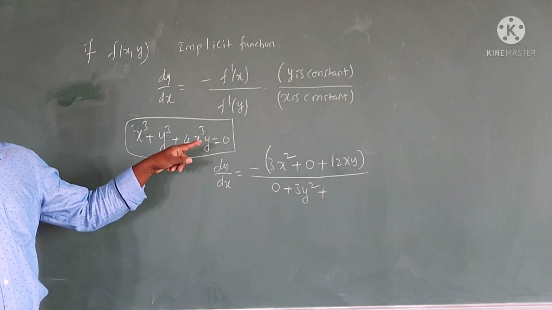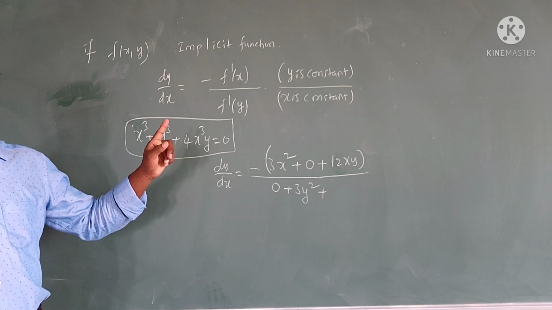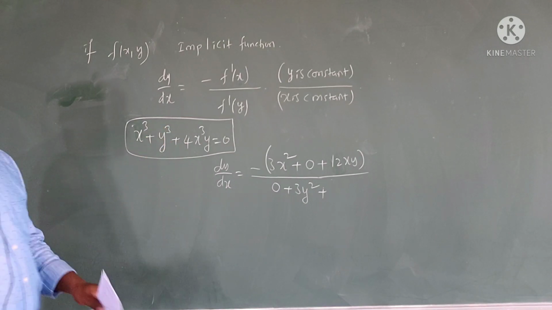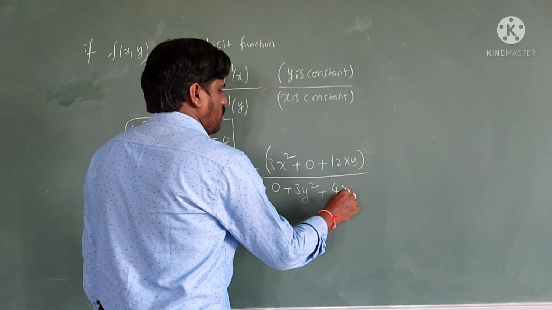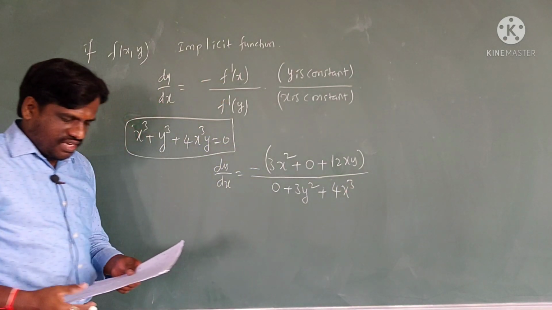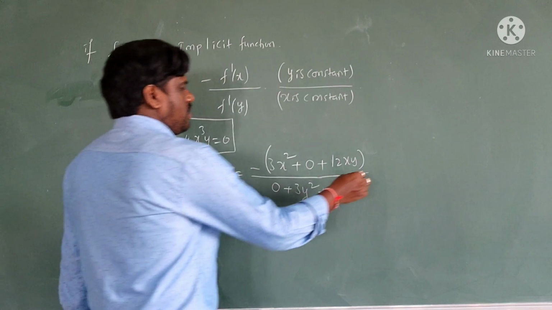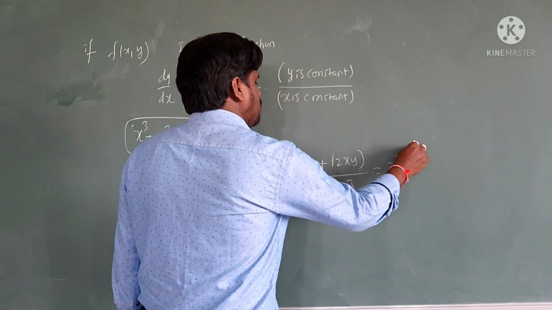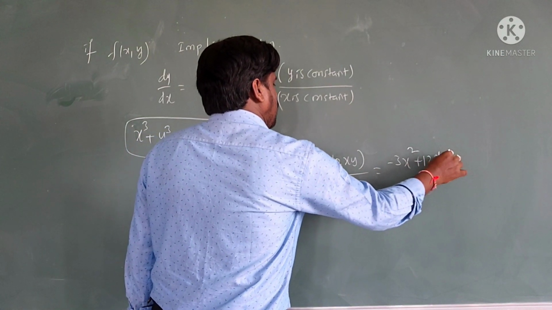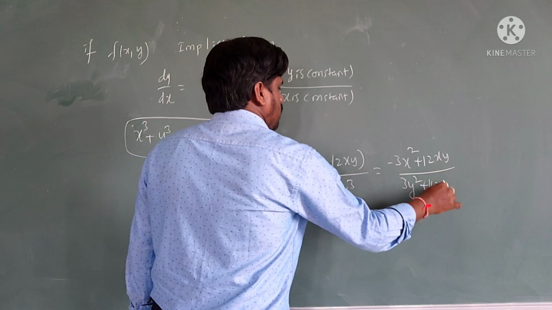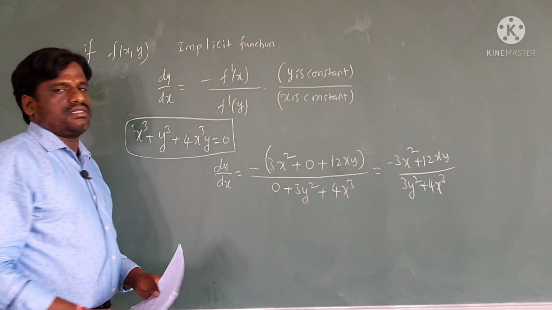Y differentiation is 1, and x cube is a constant. So I am going to get here 4x cube. So this is the way to do it. The final answer is minus of 3x square plus 12x square y divided by 3y square plus 4x cube. This is the answer for dy by dx.